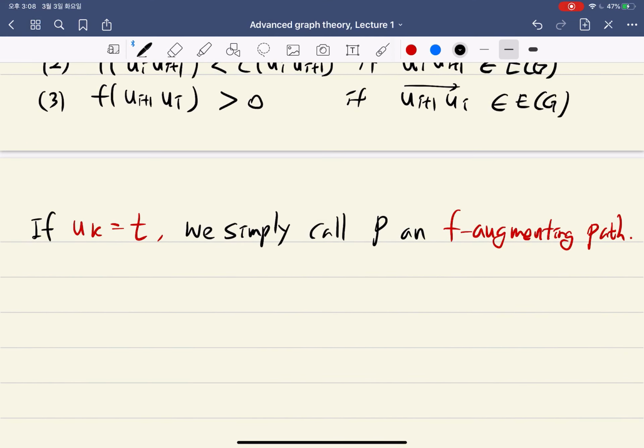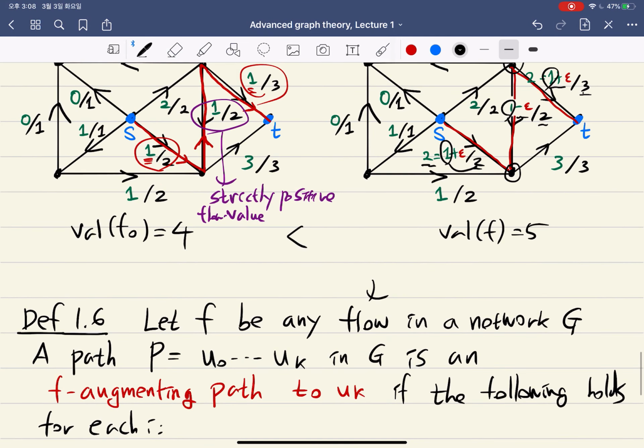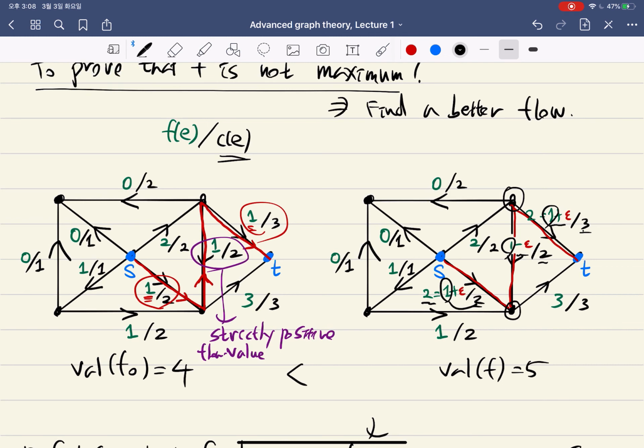So this defines the previous concept. So this path was an F augmenting path. That's the reason why we could augment this flow into a flow with a larger value.